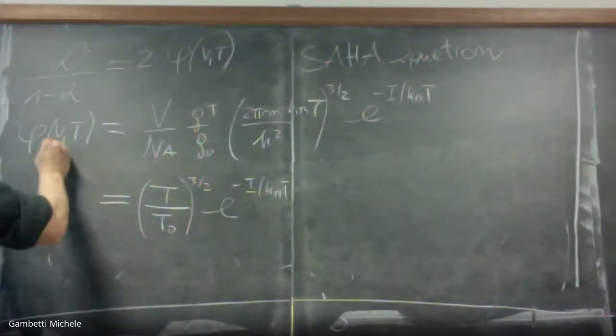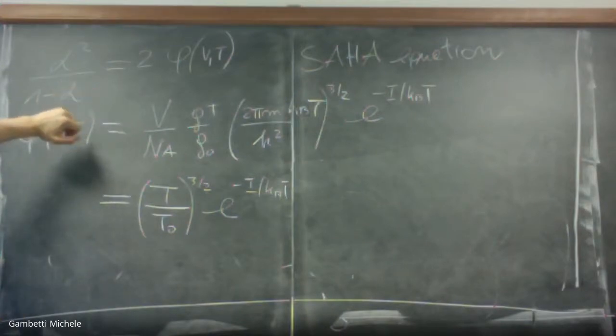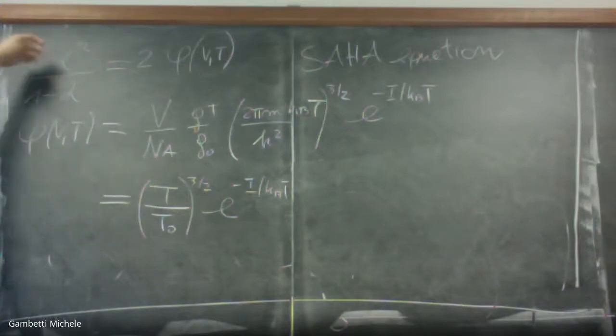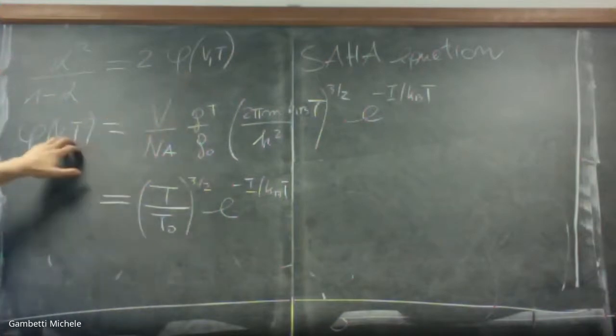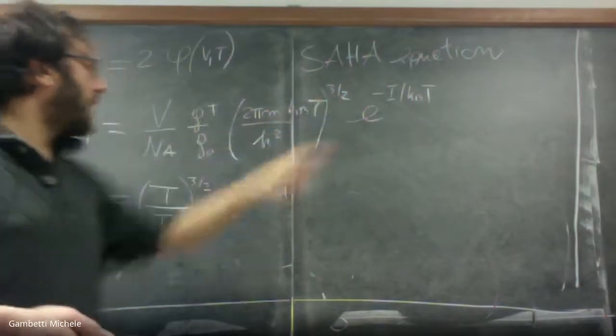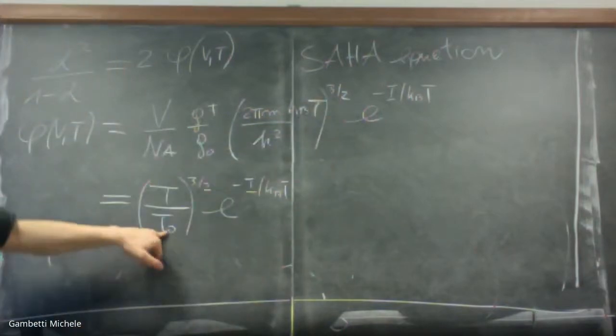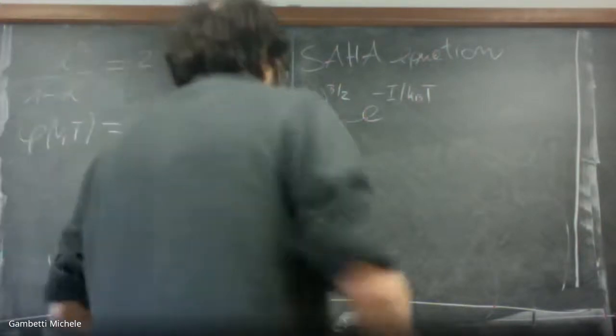This quantity is dimensionless, because alpha has no dimension, so also phi must be dimensionless, and since I have here a T to the power of 3/2, this must be divided by a T0 to the power of 3/2.